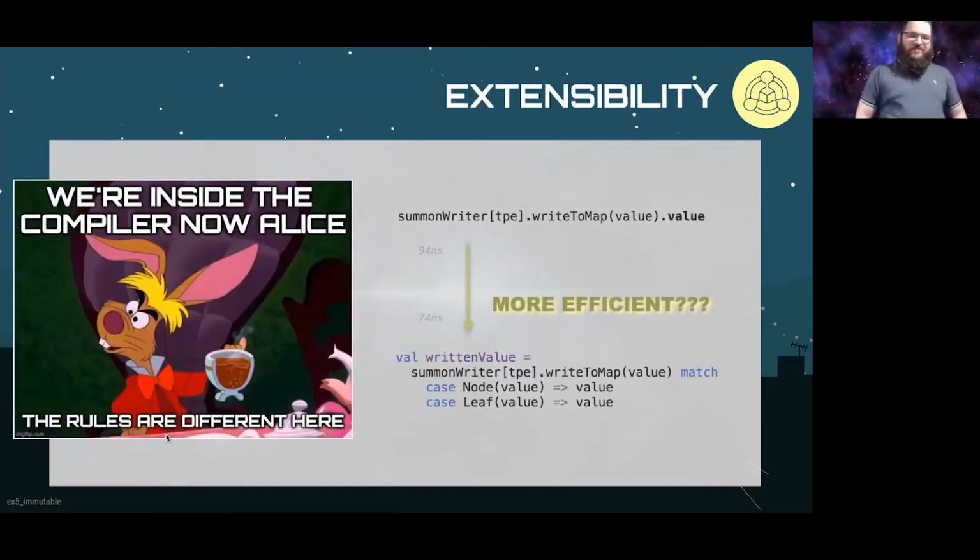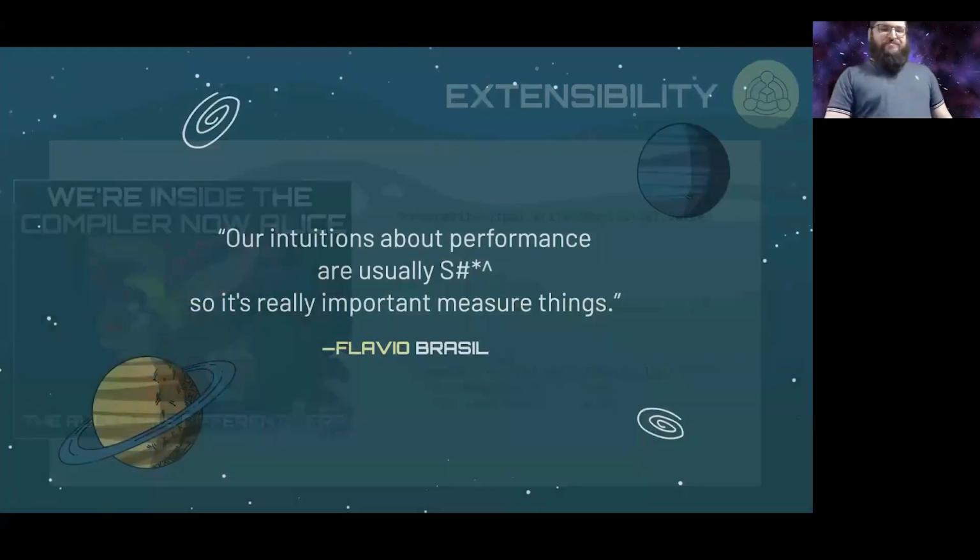It's a little bit like Alice in Wonderland. The rules work a little differently inside of here. I don't know how this can be more efficient than this. I have no idea, but it's cool. We're using more functional programming constructs and we're getting better performance out of them.